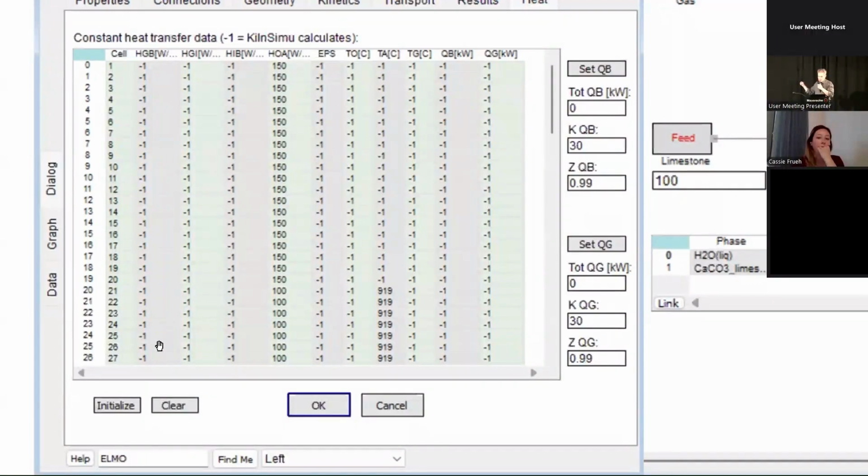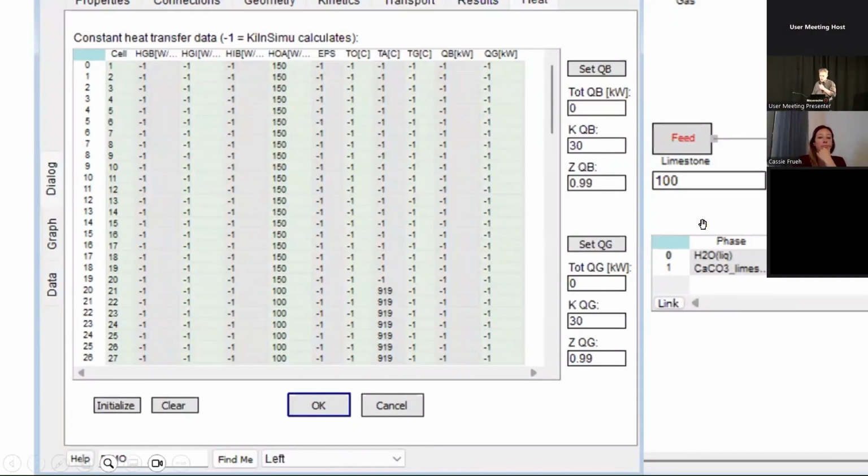So I have set a high value for the ambient temperature, and also I have given a high value for the heat transfer coefficient. And this way I can control the incoming heat flux from outside into the kiln. And of course, then I can use these values and do the simulation. And the minus one value here means that the actual variable or property is calculated by KilnSimu as normally. So only the positive values are used to override the value normally calculated by KilnSimu.